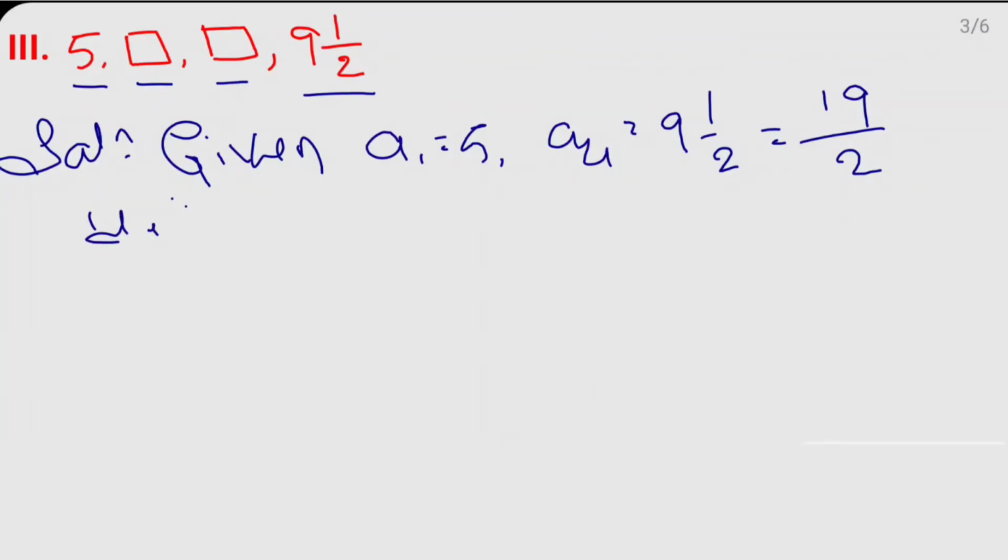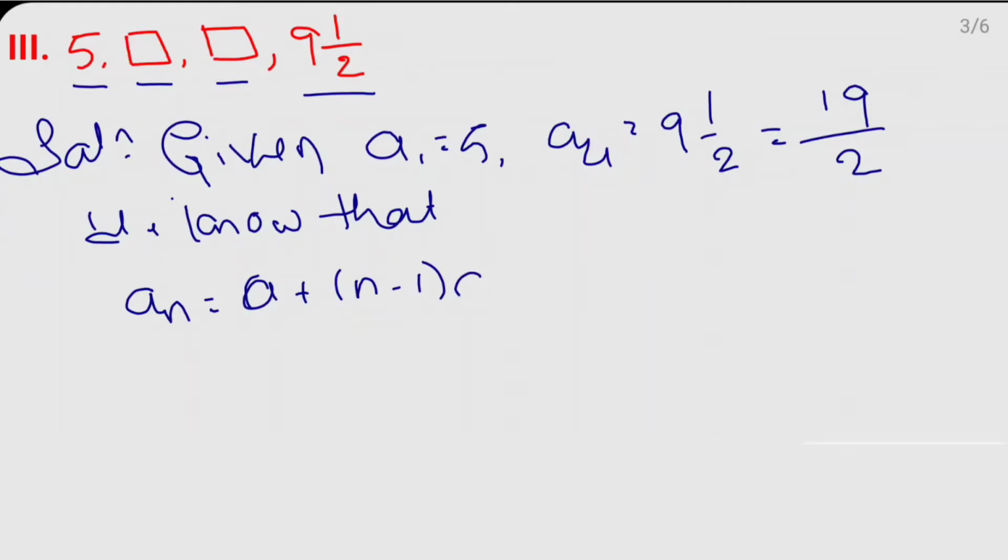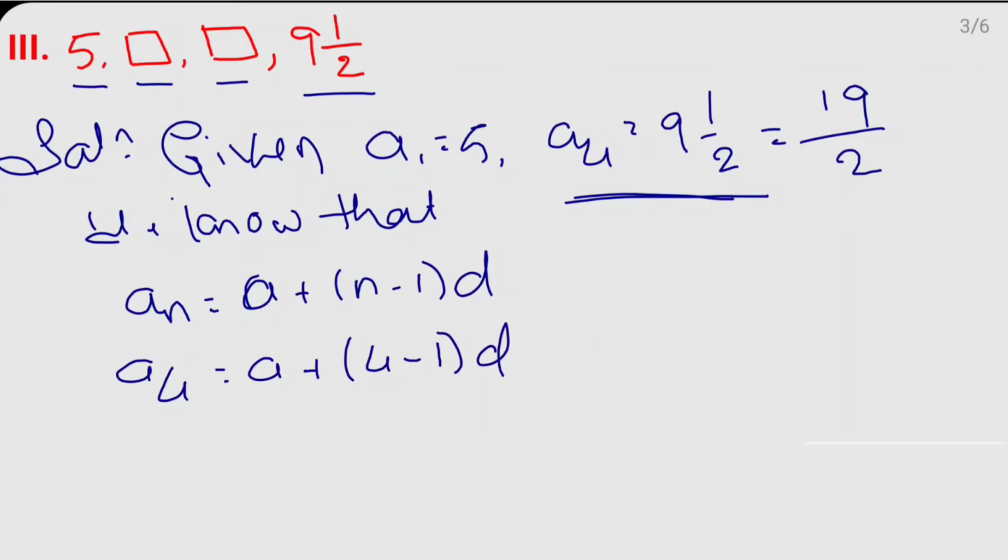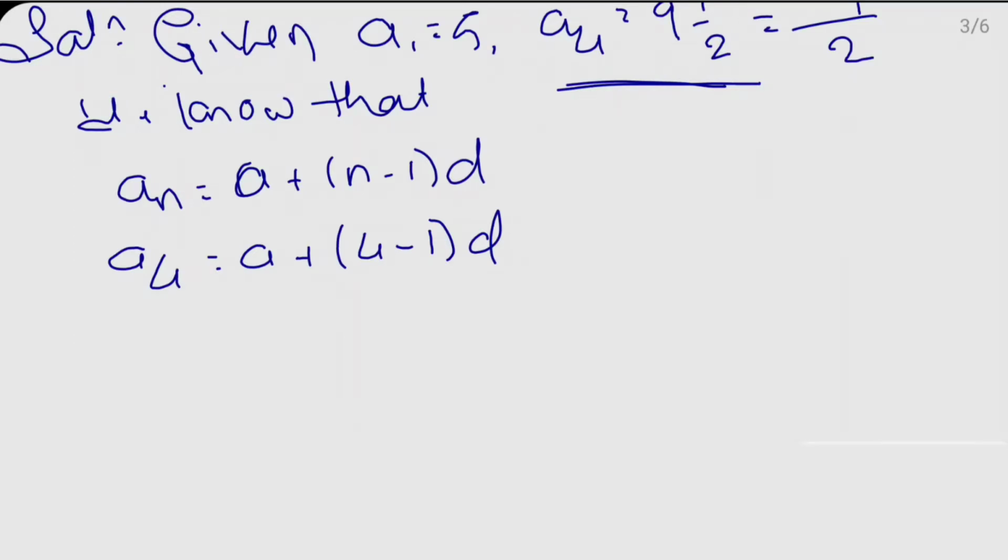So we know that, so here an equal to a plus n minus 1 into d. So here we have a4. So a4 equal to a plus 4 minus 1 into d. Now here a4 is 19 by 2.